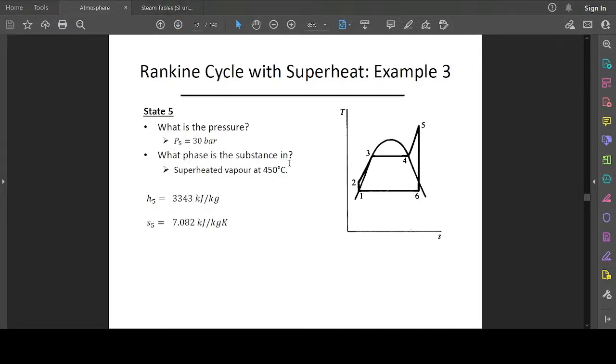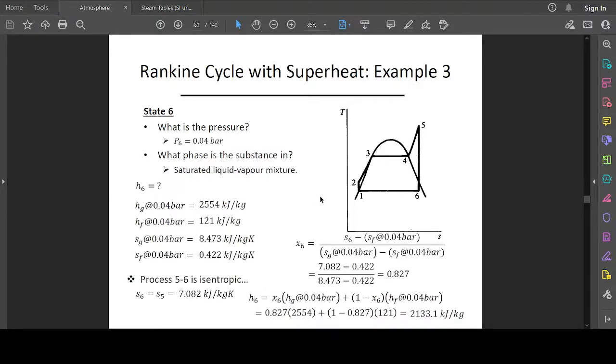So we go to stage 6, which is a mixture of saturated liquid and vapor. After performing the work in the turbine at stage 5, the low quality steam leaves the turbine and goes into stage 6 where the condenser is. There is existence of two phases, the liquid phase and the vapor phase.